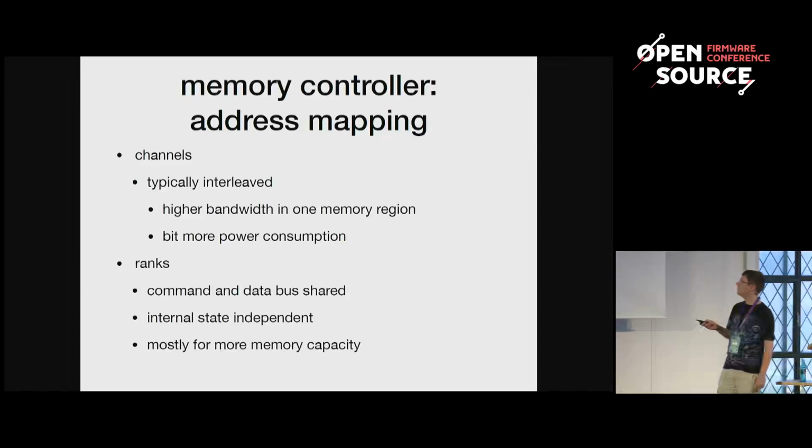Then we have the different ranks. Those share the command and data bus. Basically, a memory module with 2 ranks, or a DIMM with 2 ranks, is about the same as 2 memory modules with 1 rank each.